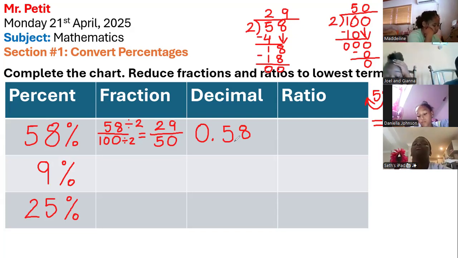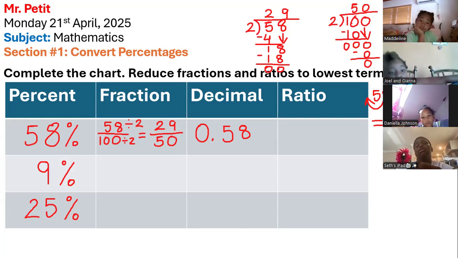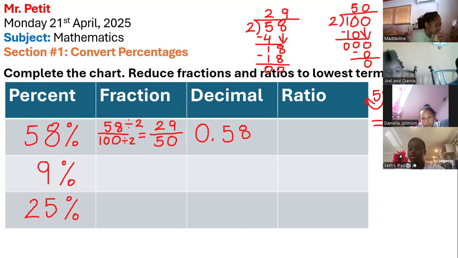All right. So what is 58% as a decimal, class? 0.58. And what is 68% as a decimal? 0.68. All right.